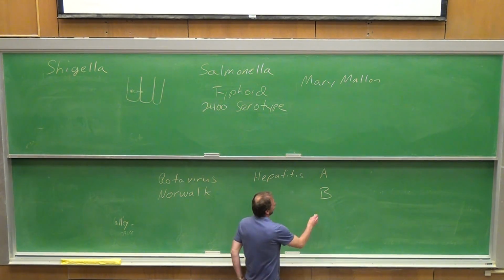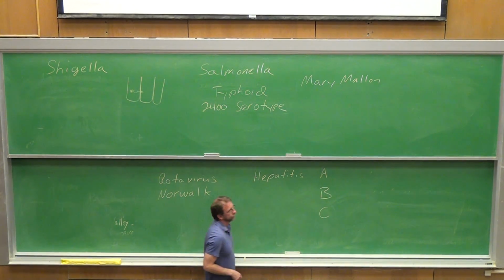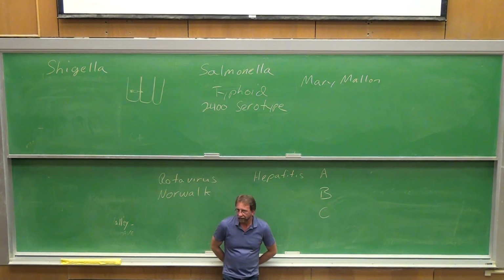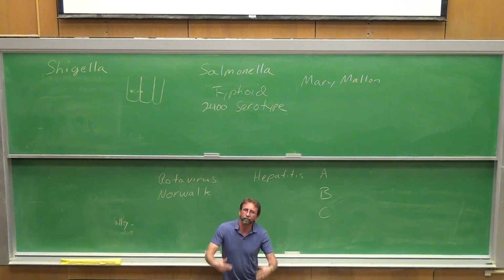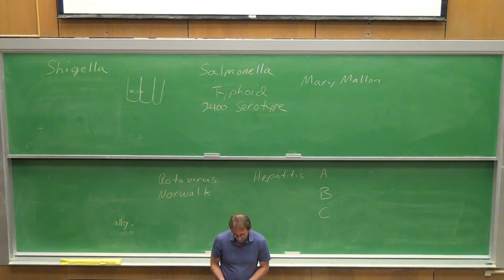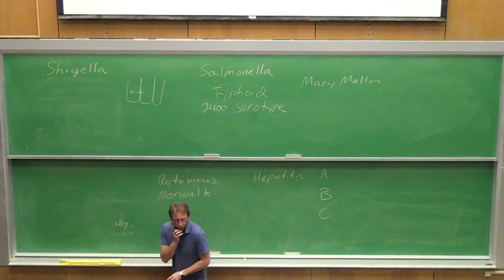And then that brings us to hepatitis C. Hepatitis C, again, is a blood-borne virus. You have to be exposed to contaminated blood. Again, if you're a health worker working with blood, you have a greater risk. This is the most common chronic blood-borne infection.